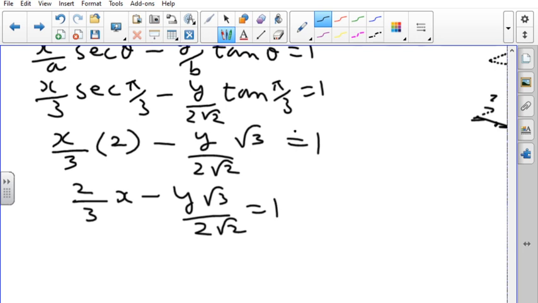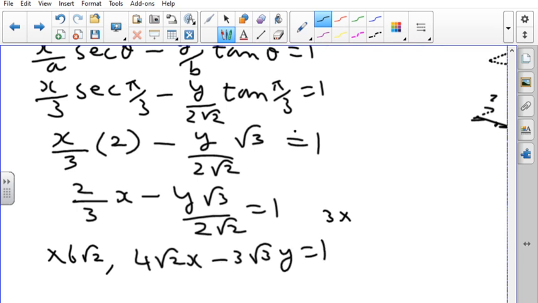What is the LCM? LCM is 6 root 2. Multiplying throughout by 6 root 2, we get 4 root 2 x minus 3 root 3 y is equal to 1.